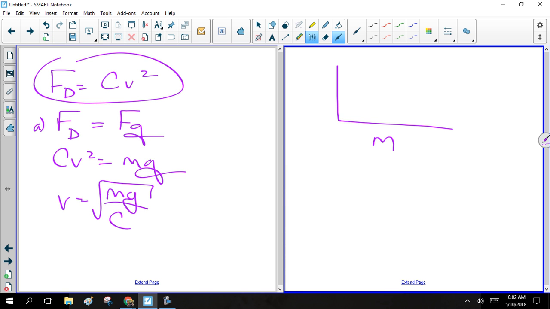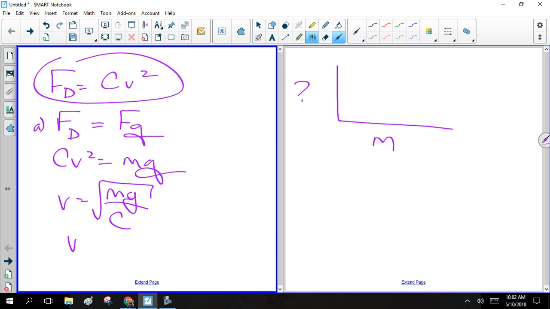And so the question is, what goes here to create a linear relationship? Okay, well, it looks like if I do v squared, then I get mg over c, right? So if this is my y value and this is my x value, then this ought to be my slope, right?